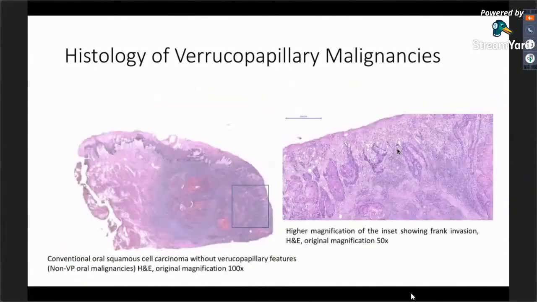And similarly in this situation, these are the ones without papillary features, and you see this invasion. Those are the two types I'm putting up here.